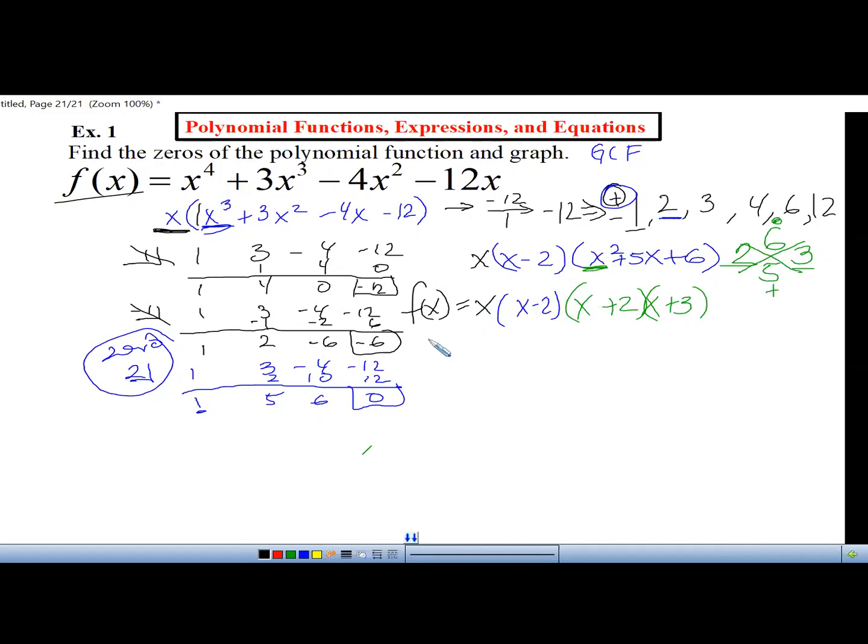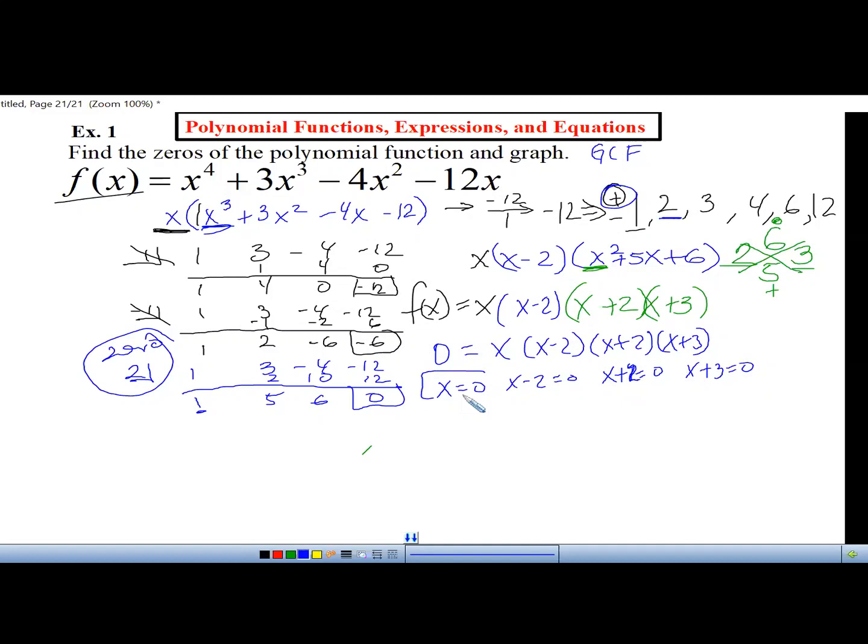All right, we did that two sessions ago, the previous session before we went out for break. But then I said, now we need to graph, guys. So what do we need to find? Our zeros. These are our factors, so we set each one equal to 0: x equals 0, x minus 2 equals 0, x plus 2 equals 0, and x plus 3 equals 0.